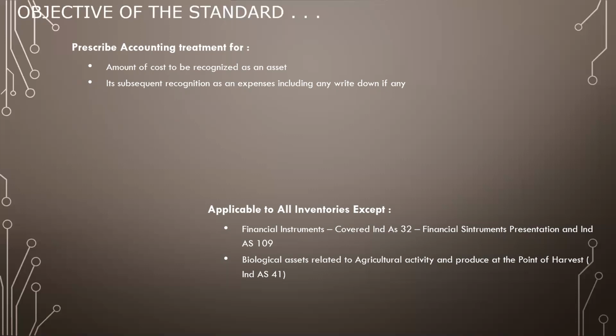This standard is applicable to all types of inventories barring two items: financial instruments, because they are covered under Ind AS 32, financial instruments presentation, and Ind AS 109; and biological assets related to agricultural activity and produce at the point of harvest, because they are covered in Ind AS 41.